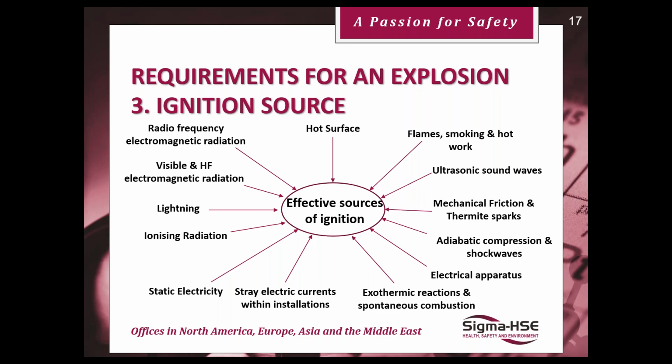And the reason for that is, as this slide illustrates, there's lots of potential ignition sources, and it is very difficult to eliminate all of those potential ignition sources all of the time. But we can do our best. And our best is using potential ignition sources where the probability of them acting as an ignition source has been reduced. And that's essentially what ATEX equipment does.